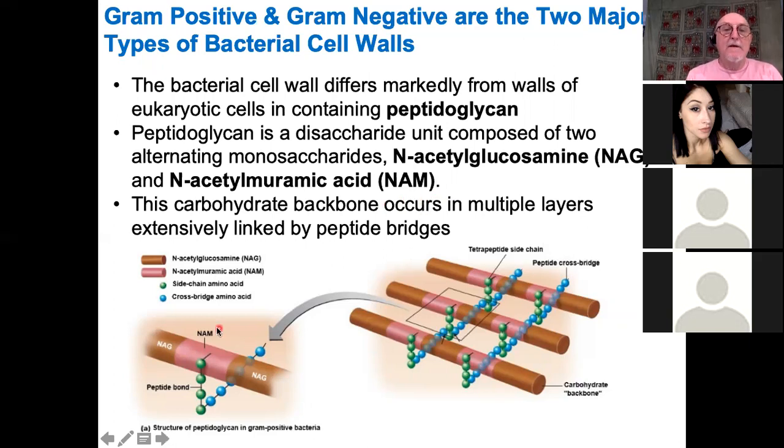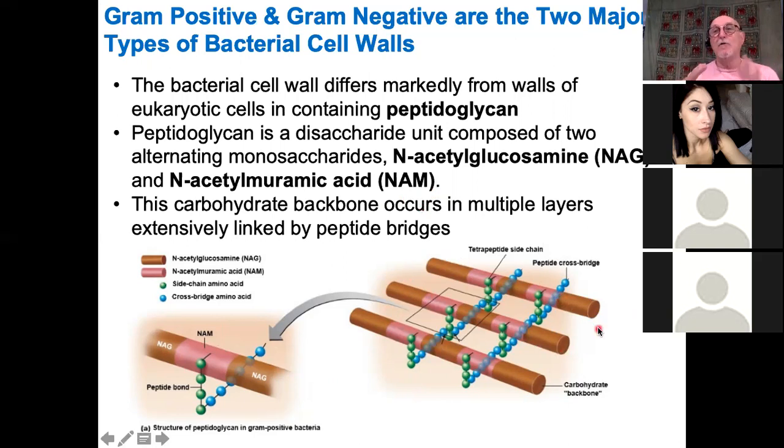They are bound together one after the other, 1, 2, 1, 2, 1, 2, and they form these very strong, very powerful fibrils. This is carbohydrate, basically sugars, and they form a sort of backbone.